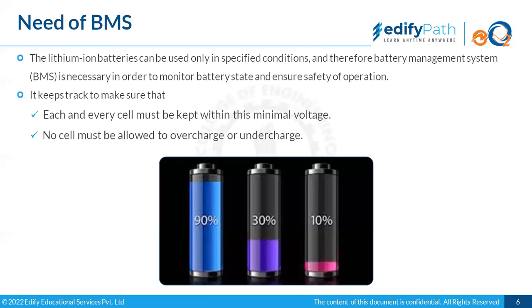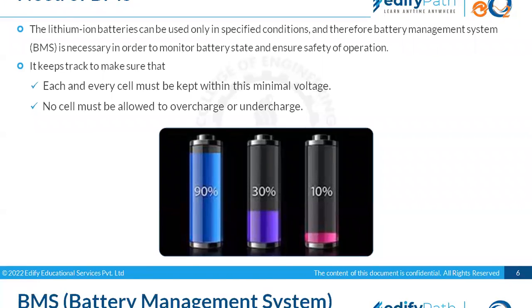It takes care of each and every cell's performance so that they perform equally, and at the end of the day the performance of the battery pack is uniform. So the better the BMS, the better the battery pack.